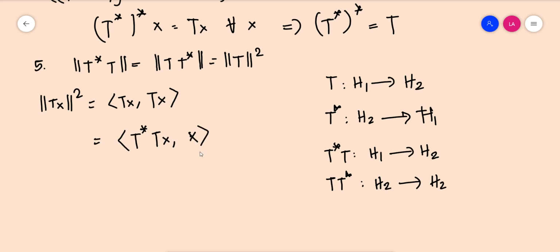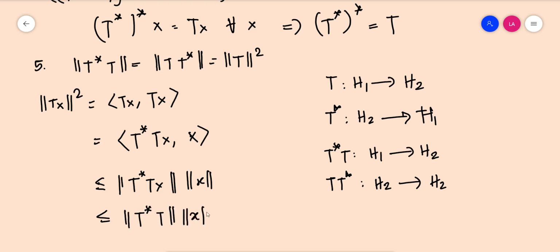Now this should be less than or equal to, if we take the modulus, norm of t star tx times norm x using Schwarz inequality. Now this should be less than or equal to norm t star t times norm x the whole square.